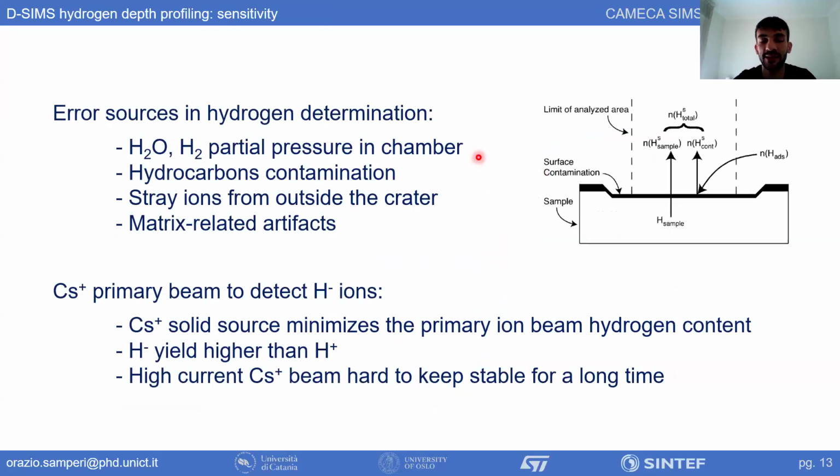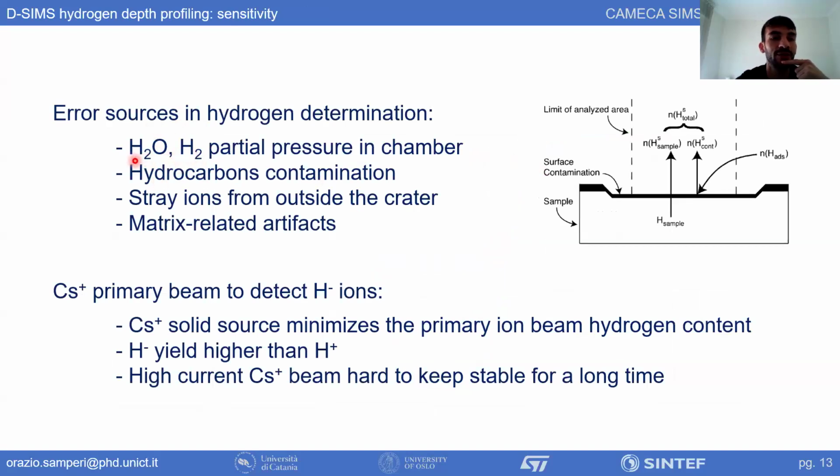The other issue is related to the contamination of hydrogen, because when you work in vacuum, perhaps the most abundant species are water and molecular hydrogen, and these represent a source of contamination when we are going to analyze hydrogen.